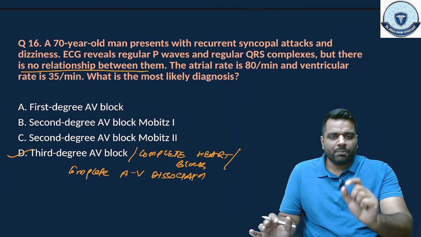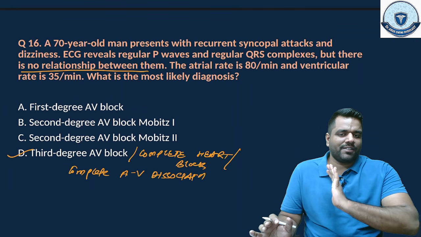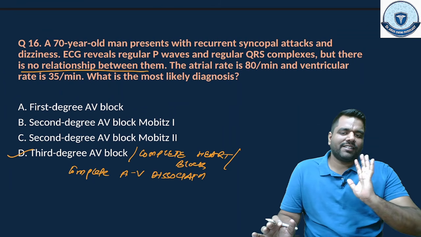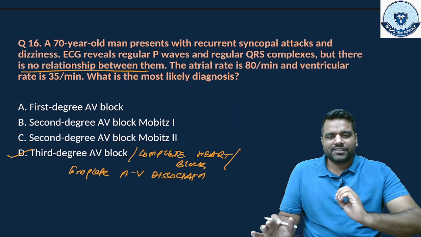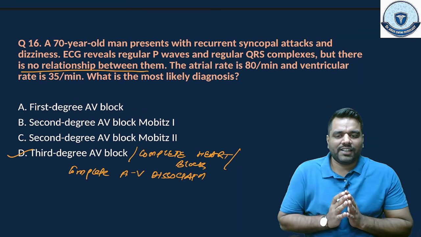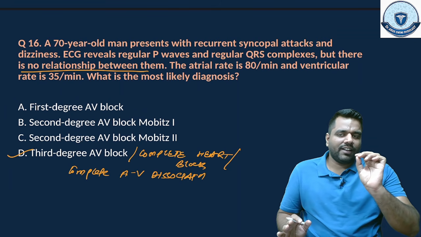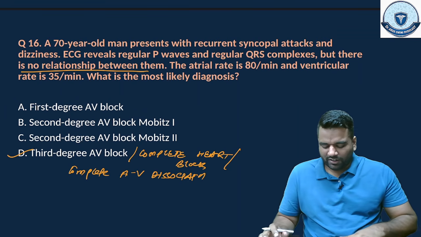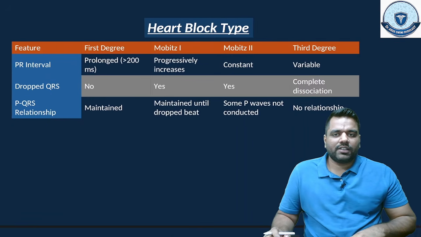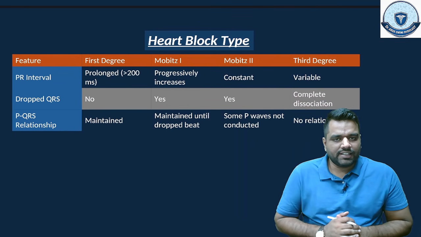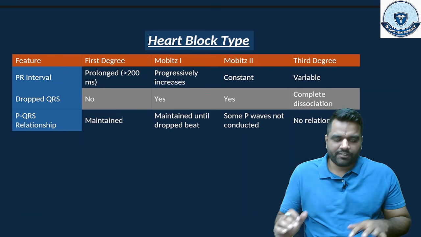In Mobitz type 2, PR is normal and constant, but there is a regular dropped beat. And in the third degree heart block, there is no relationship between P and QRS. So guys, in the class, I told you with the story of the Bhabiji, so you can remember with that part. This is your heart block table: PR, dropped QRS and the P-QRS relationship in all of these conditions, right?